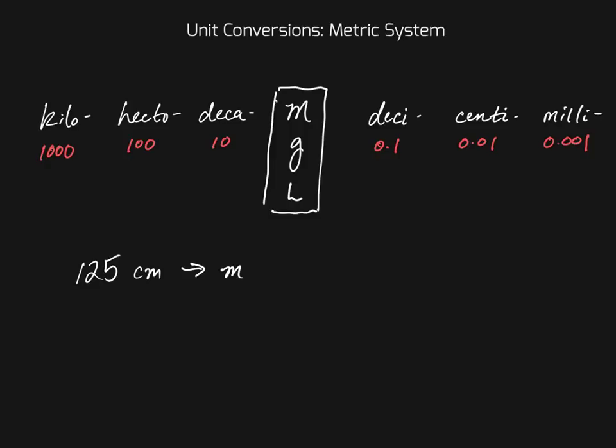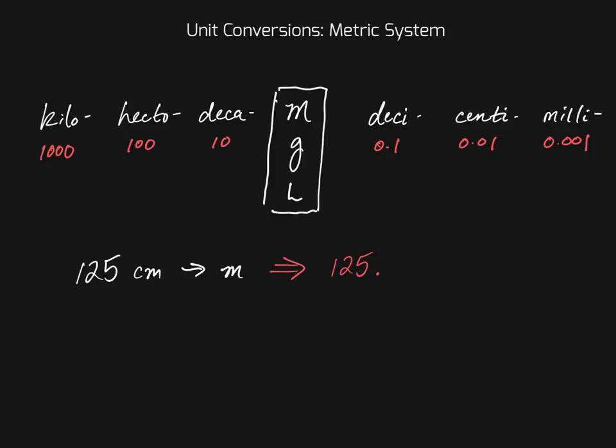So if we rewrite this, I have 125, and I'm going to put a decimal here after the 125. I think there's a lot of confusion. After a number ends, we often don't write a decimal, but there is a decimal there. So what's going on here is that we start at centi and we move 2 spots. However many spots we moved and in whatever direction, that's the way our decimal needs to move.